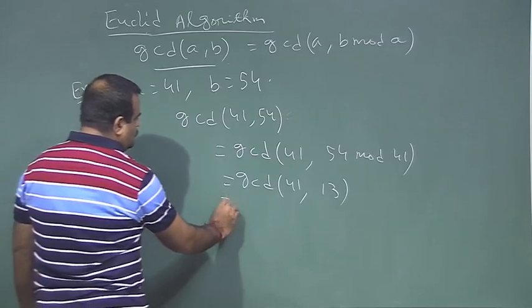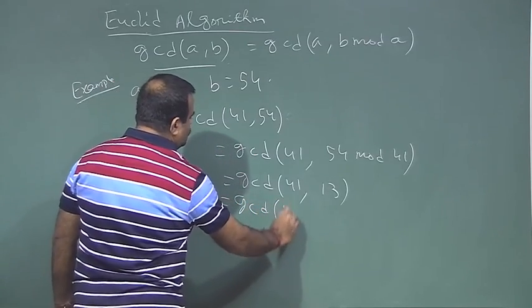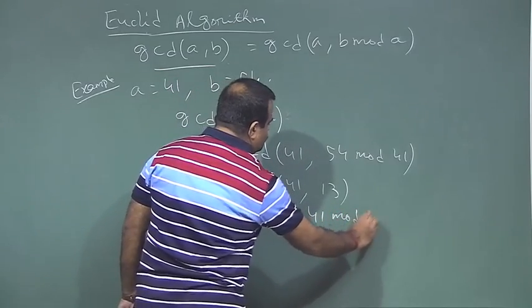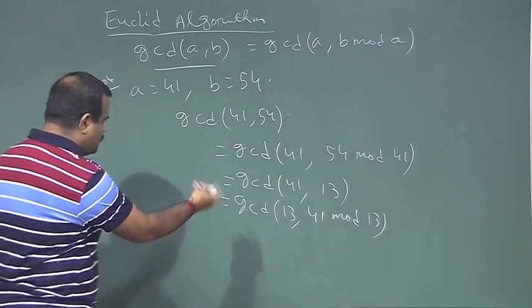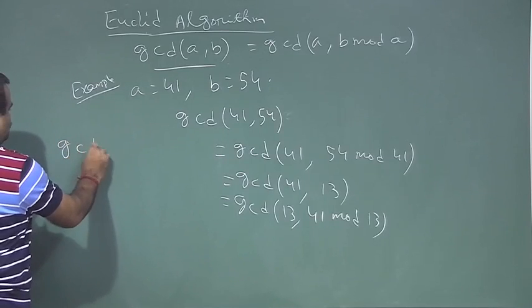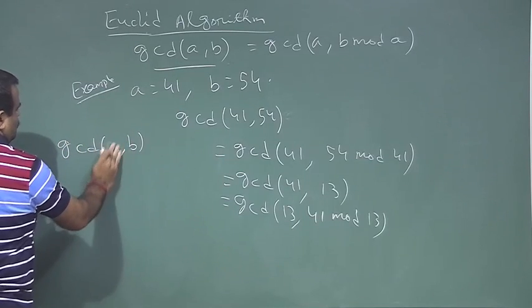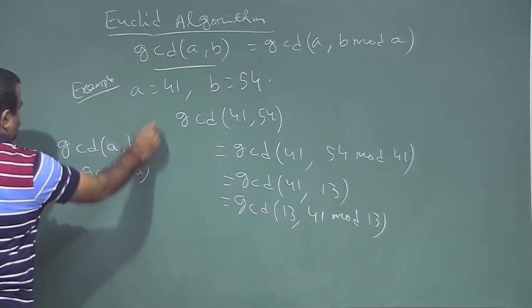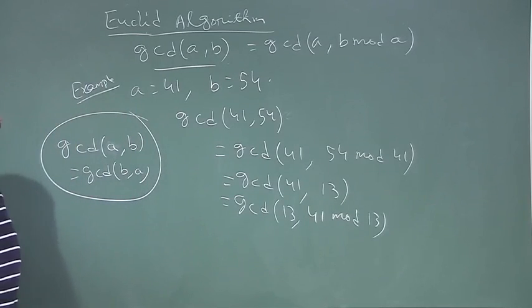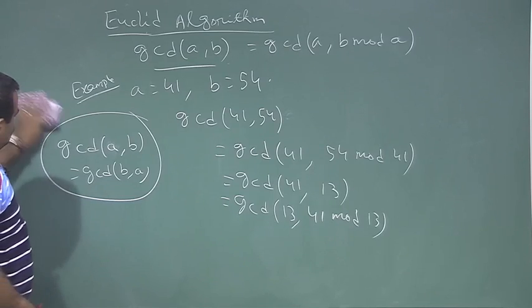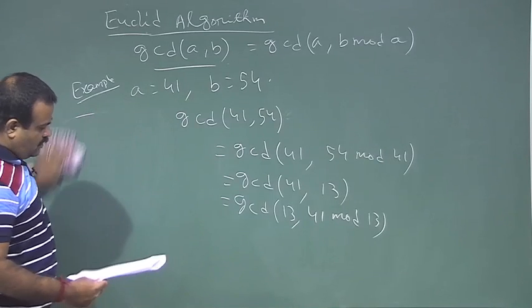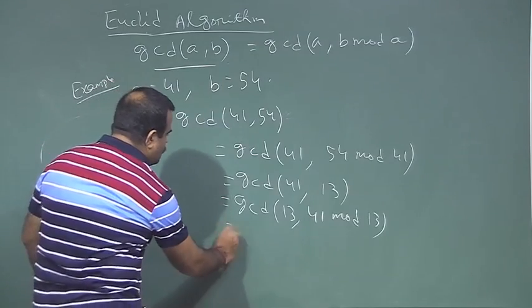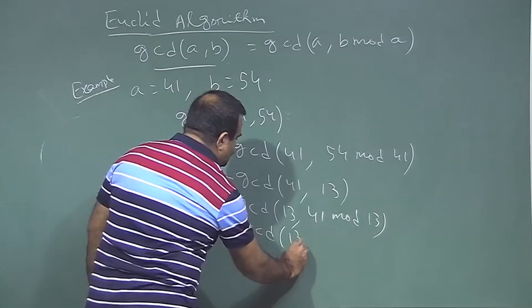Then again, GCD of 13 and 41 mod 13, because GCD of a, b is the same as GCD of b, a. 41 mod 13 is 2, so GCD of 13 comma 2.